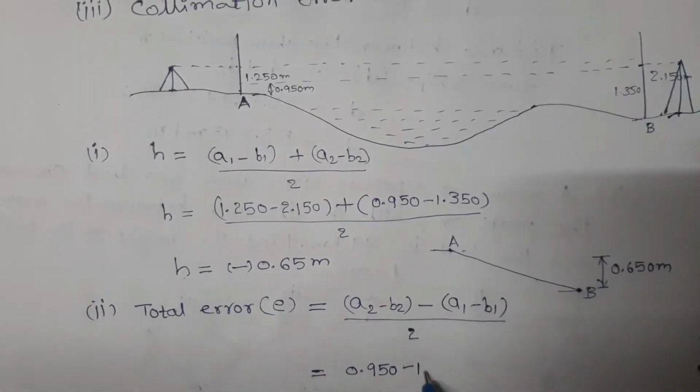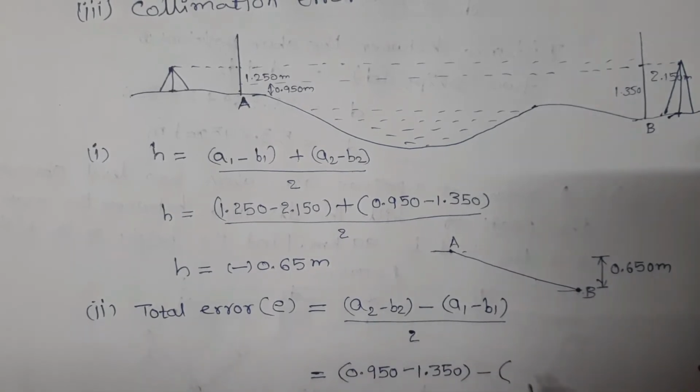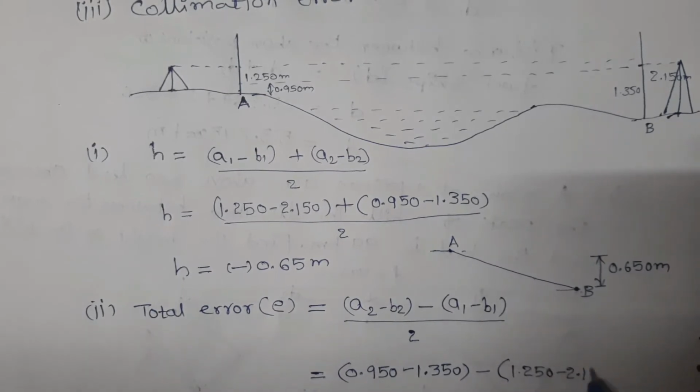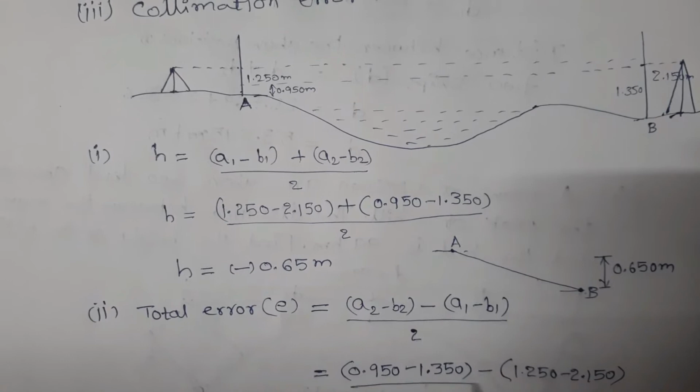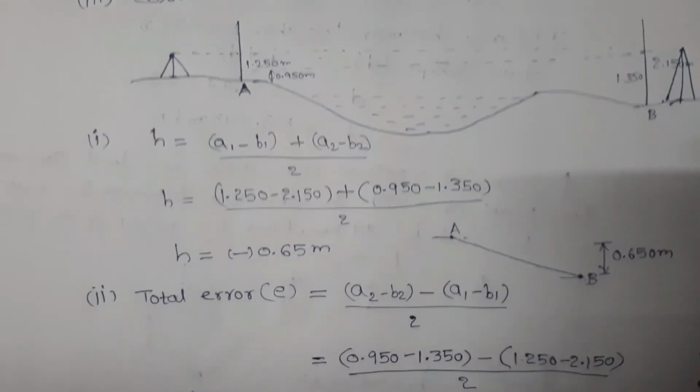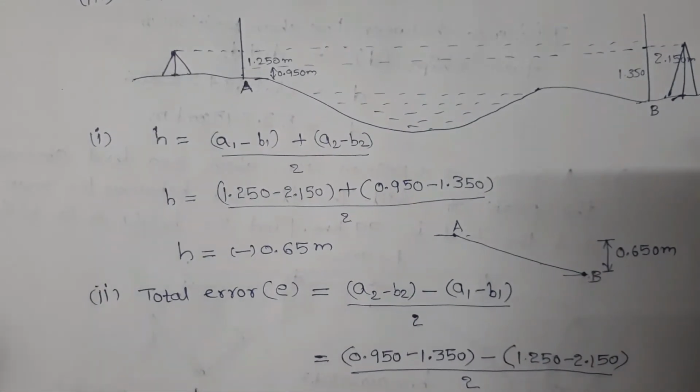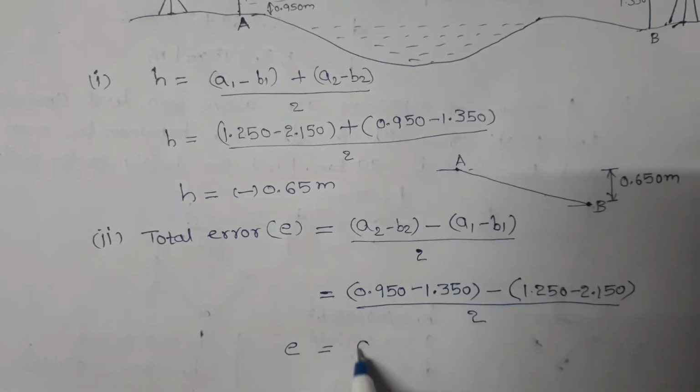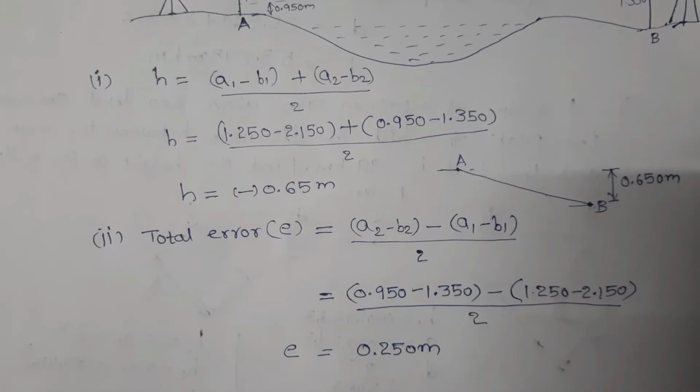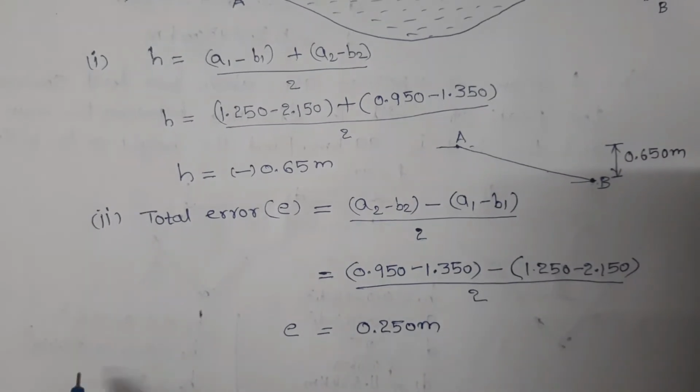That is 0.95 minus 1.35 minus 1.25 minus 2.15, divided by 2. Total error is equal to 0.250 meters.